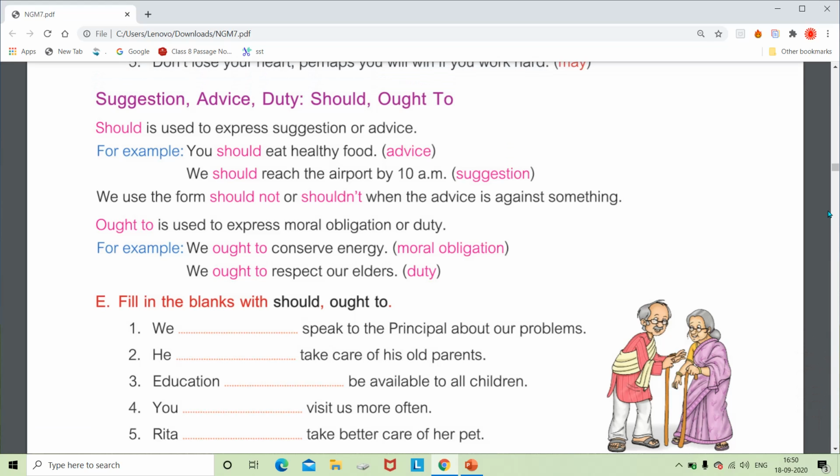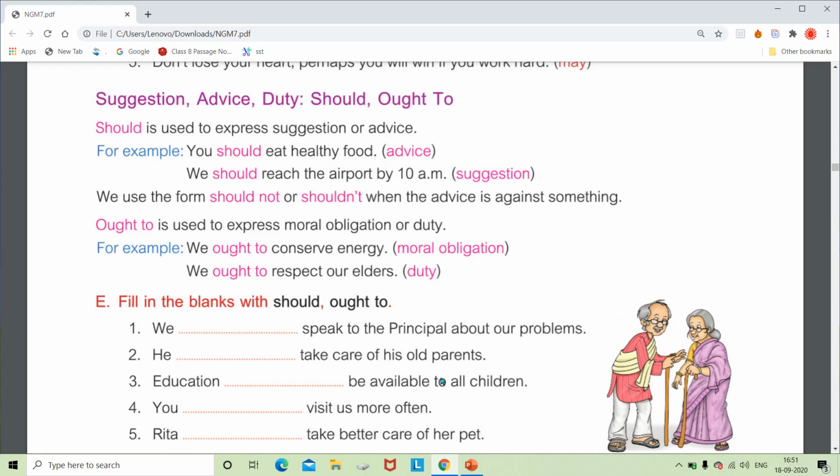So in order to solve it, you must look at the situation in the sentence, whether advice or suggestion is given, or else it shows moral duty, moral obligation. First of all, go through the sentences and try to identify whether advice is given or moral duty is shown. So let us try to solve it.